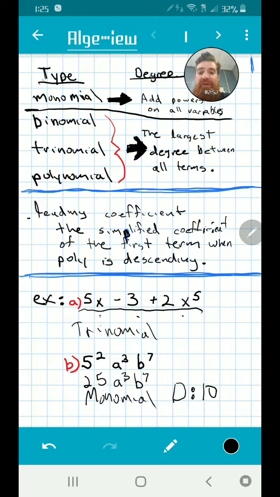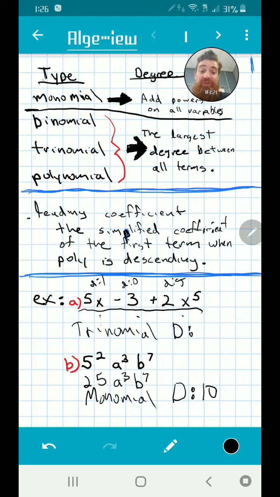It has 1x, an x to the first power, so it's just got a degree of 1. This second term, that's a negative 3. It's a constant. Call that degree 0. This last term, it's got a degree of 5. Because that last term has a degree of 5, that's the largest degree of the entire problem, so the degree of the whole thing is 5.